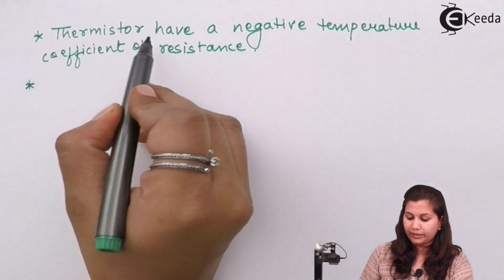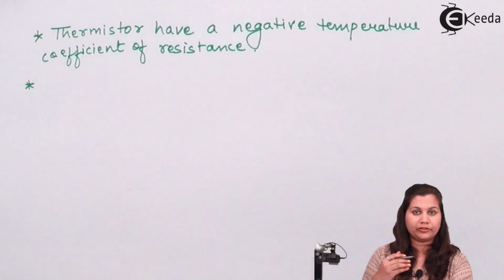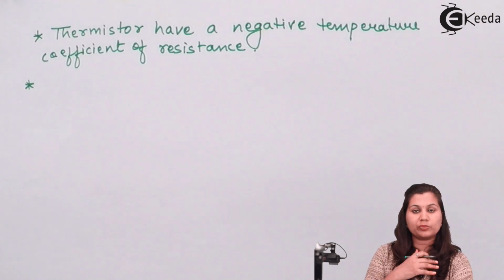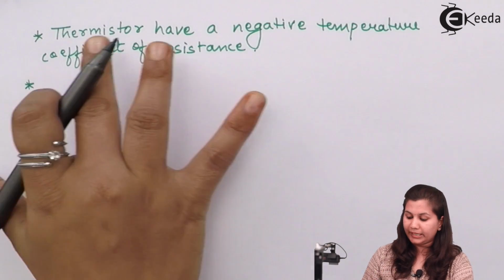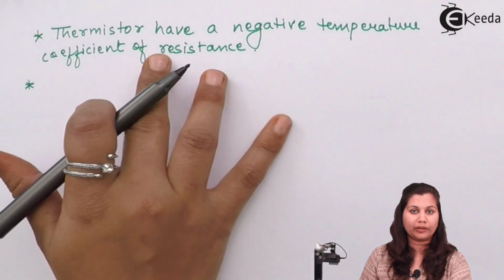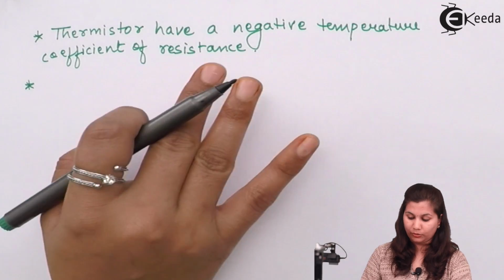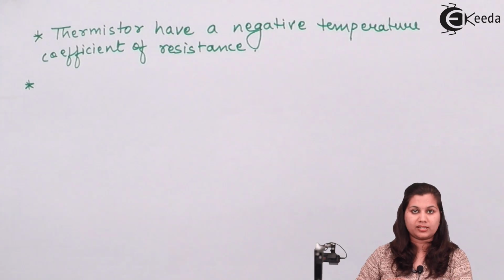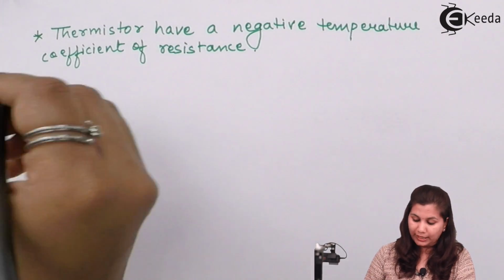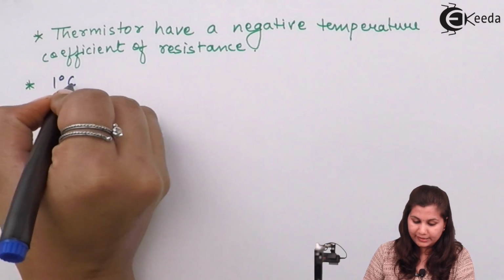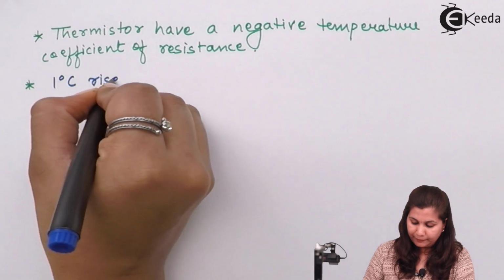So thermistors work on the principle that the resistance decreases with the increase in temperature. They have a negative temperature coefficient of resistance. Now this change in resistance is so large that with every 1 degree Celsius rise in temperature, the resistance decreases at the rate of 5%.